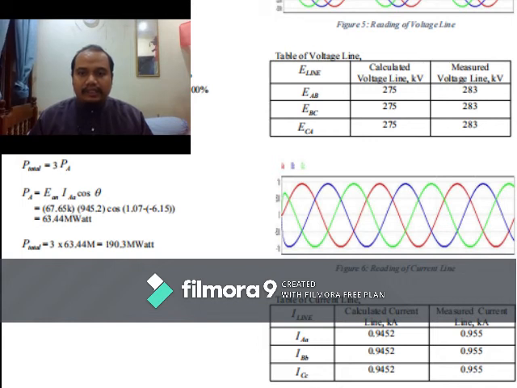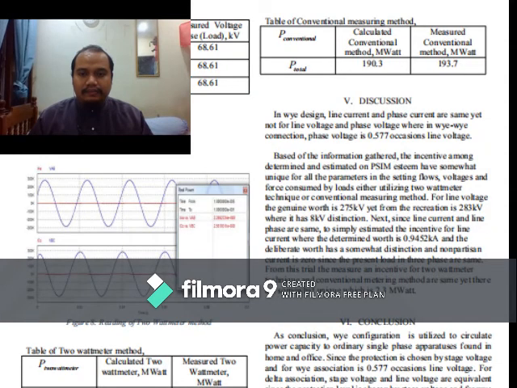I'm sorry, it's just three items only. The two-wattmeter method is just a different thing from the YY connection, but as you can see, the circuit still remains the same, and also we can see the difference in the waveform provided in MATLAB.